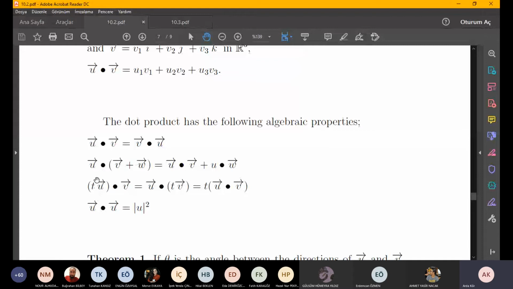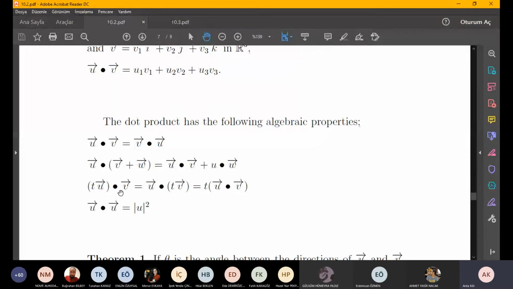Let t be any scalar here, since there is no arrow above it, it is a scalar. Then t times (u dot v) is equal to u dot (t times v), and also it is equal to (t times u) dot v.